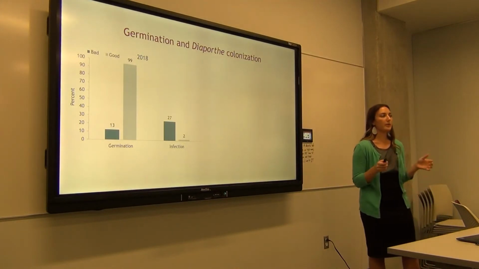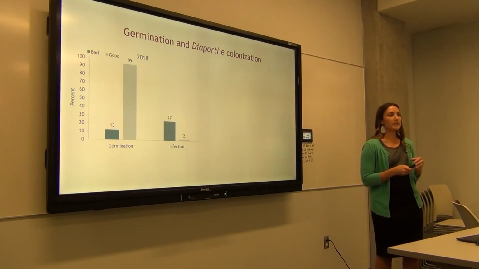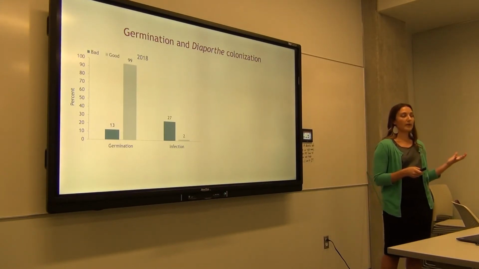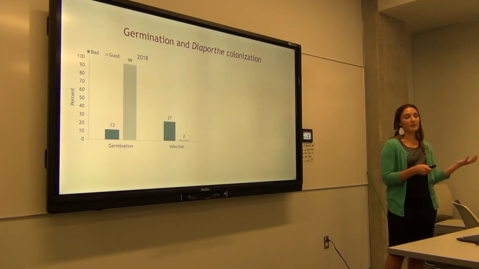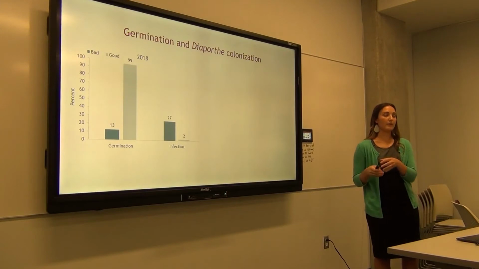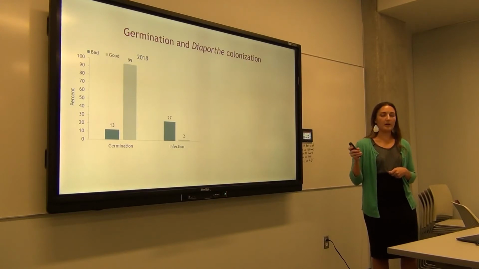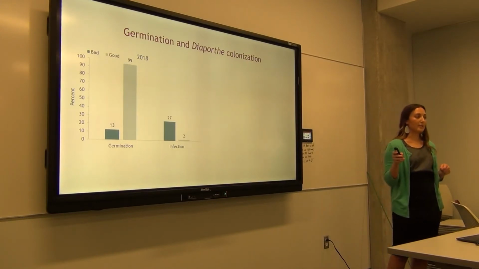As I mentioned, the weather conditions at harvest in 2018 were conducive for Phomopsis seed decay development. And we collected seed that was harvested before all of that rainfall, which was what we consider to be the good seed lot. And we collected seed that was collected after all of the rainfall, which ended up being the bad. And you can see in this graph, the dark blue bar shows the bad germination seed, which was only at 13%.